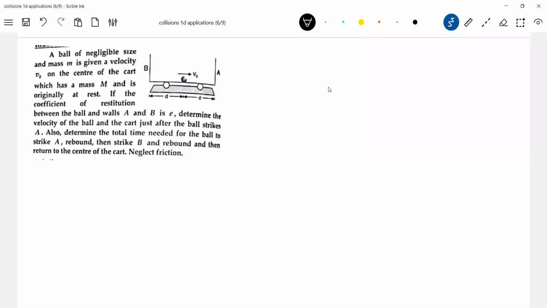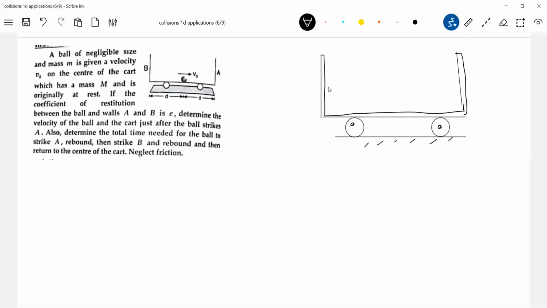So initially this is a trolley. This is a ball.